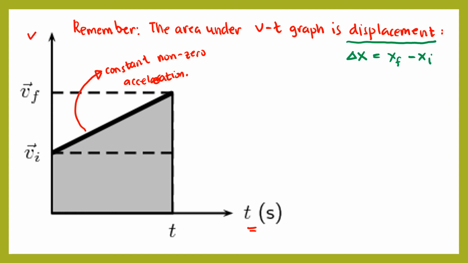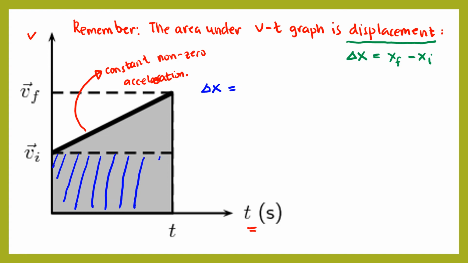So now we are going to identify the area under this graph to have the displacement, and displacement once again is just equal to delta x. Therefore, this would be the area of this rectangle plus the area of this triangle.